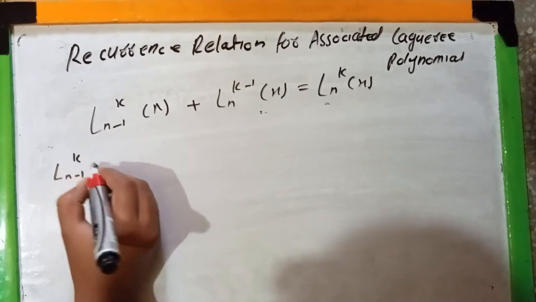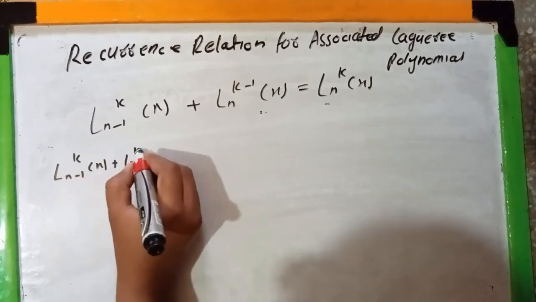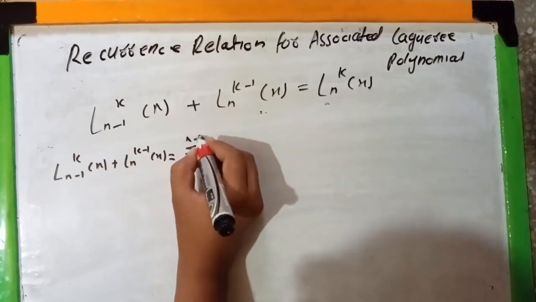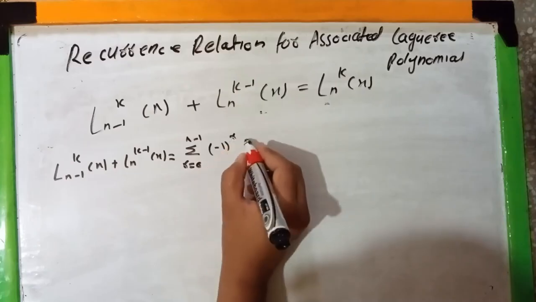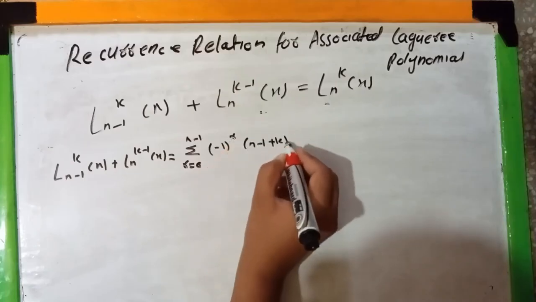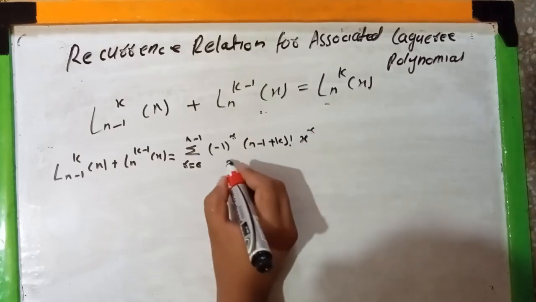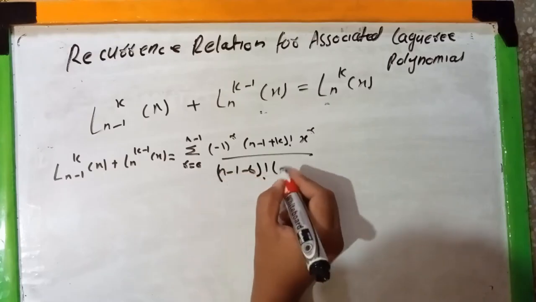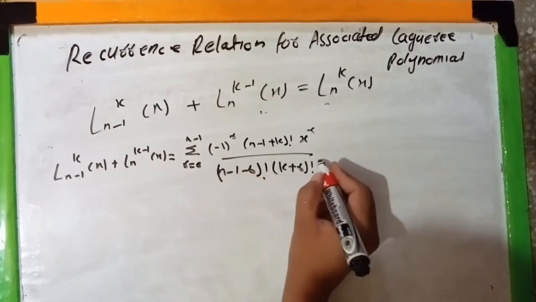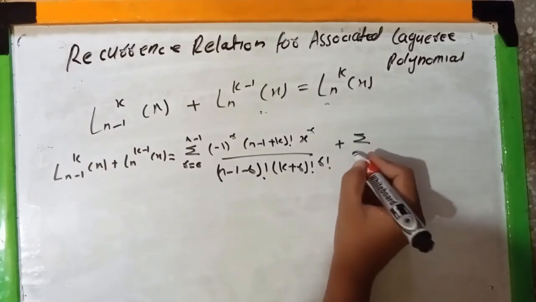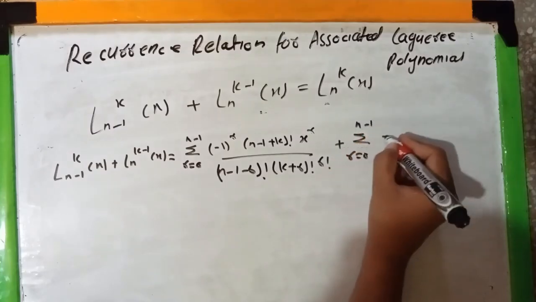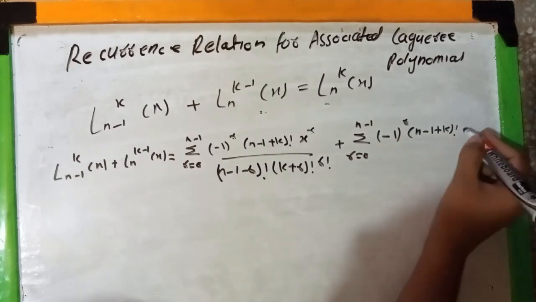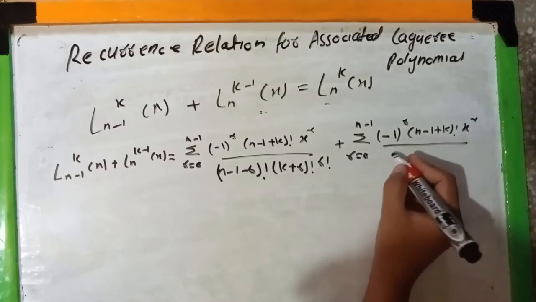L_{n-1}^k(x) plus L_n^{k-1}(x) is equal to summation r is equal to 0 to n minus 1 of (-1)^r (n-1+k)! x^r over (n-1-r)! (k+r)! r!, plus summation r is equal to 0 to n minus 1 of (-1)^r (n-1+k)! x^r over (n-r)! (k+r-1)! r!, plus (-1)^n x^n over n!.